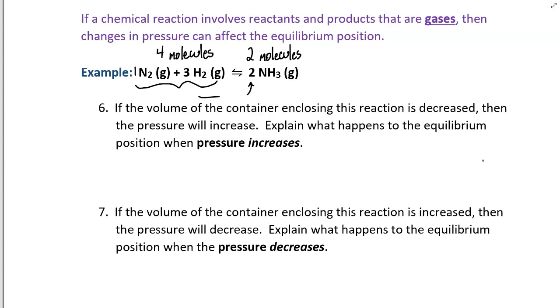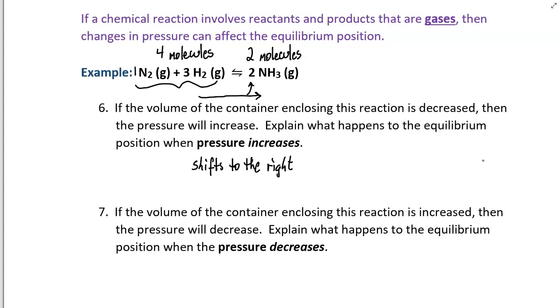And that occurs when the reaction happens in the forward direction. So the equilibrium position shifts to the right. The reaction, while it is reversible, will favor the creation of the product NH3.